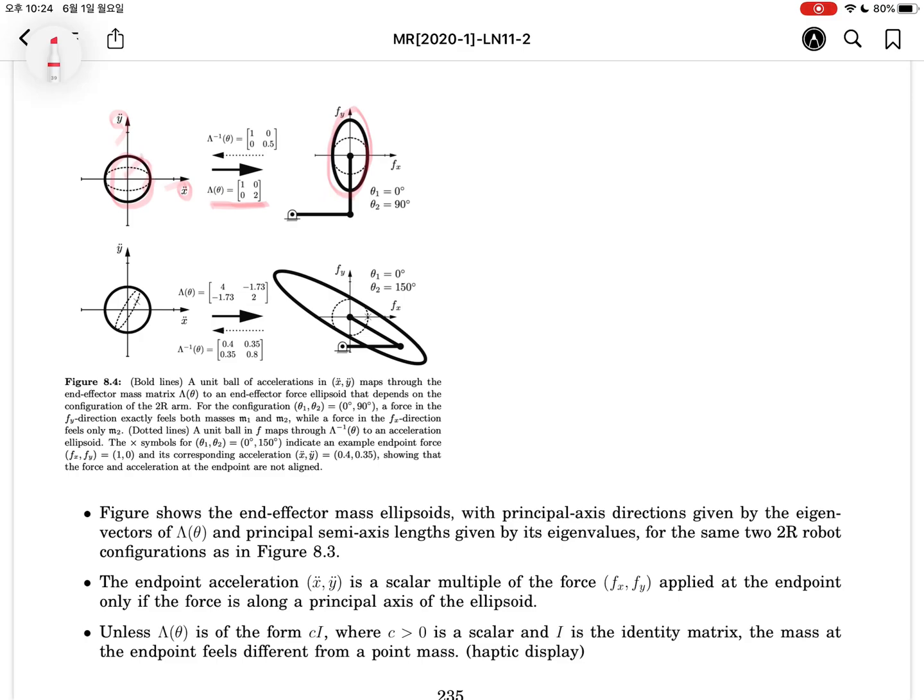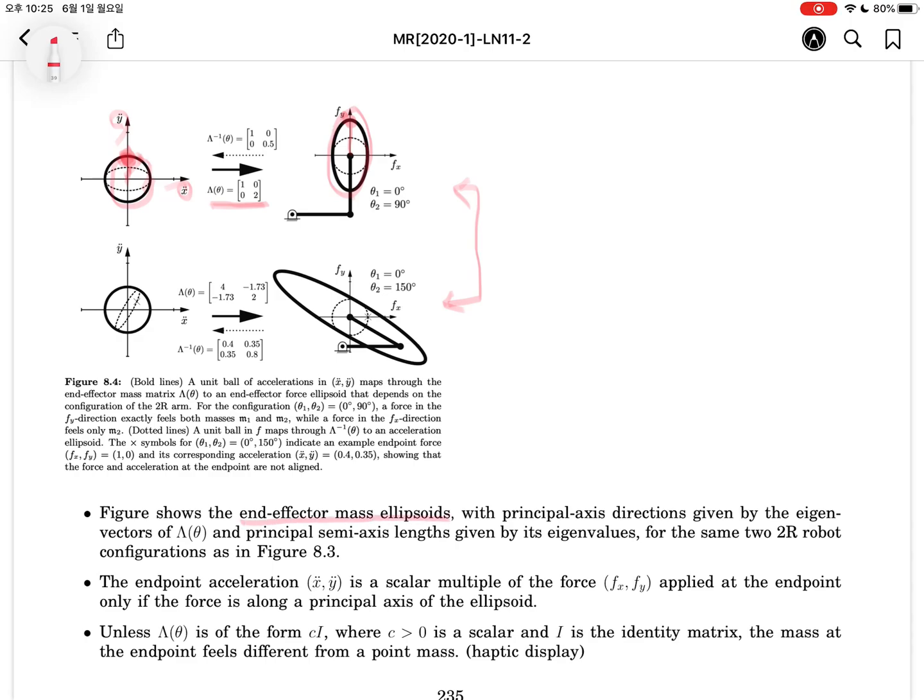In some direction, here the y direction is chosen: x2 dot as 0, y2 dot chosen as 1. Then 2 times the force appears at the end effector. Also, both are dependent on the configuration.